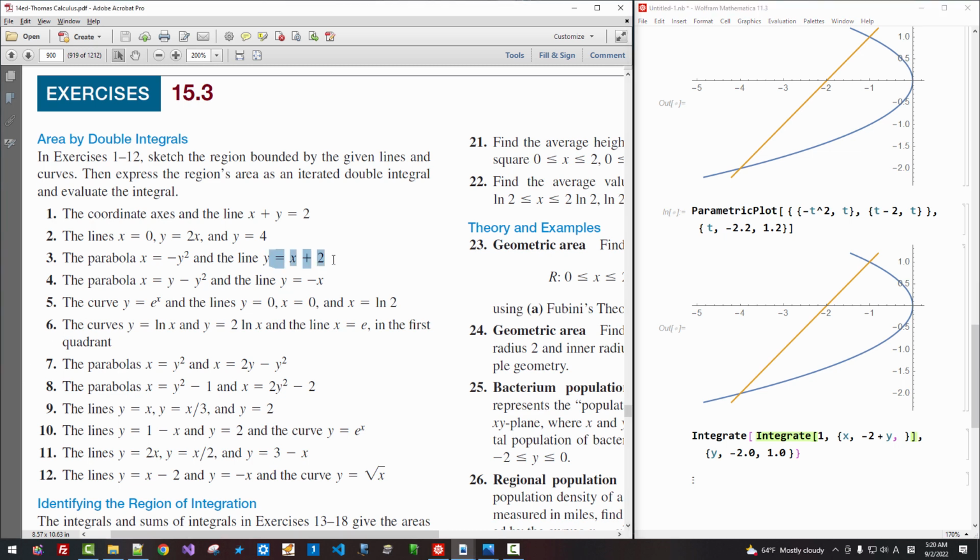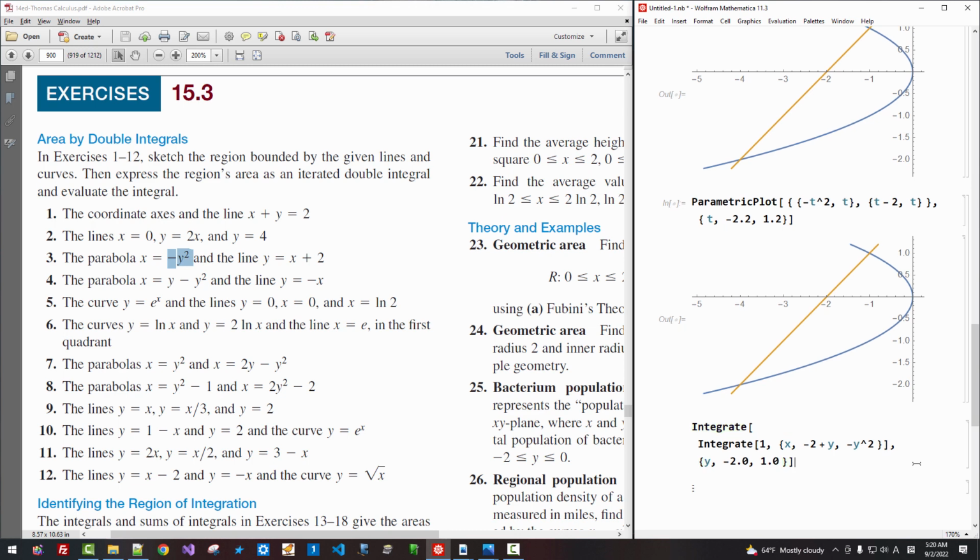From this function, we represent x as a function of y, like this. Then upper bound, like this, y square. Now, this is this bracket. Hit enter.